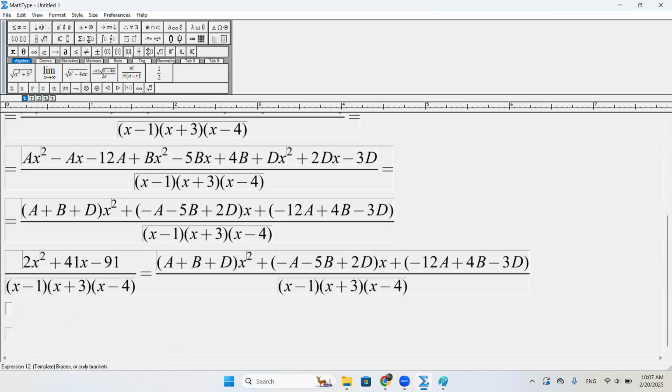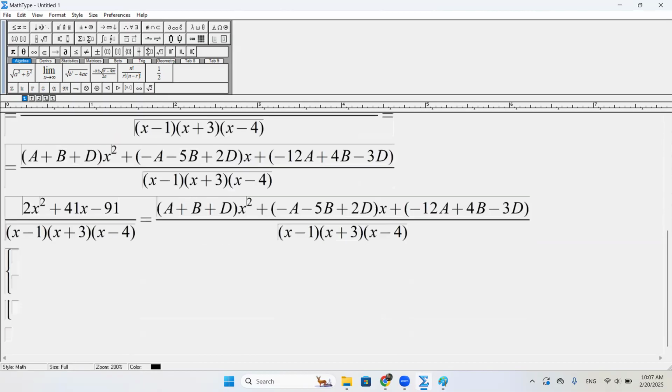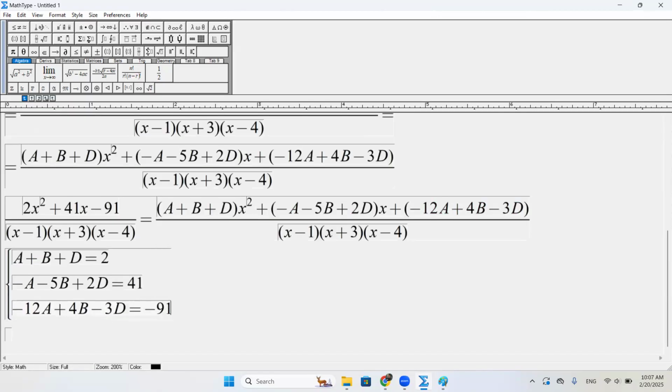Now we need to construct and solve the system of linear algebraic equations. So a plus b plus d equals 2. Minus a minus 5b plus 2d equals 41. And minus 12a plus 4b minus 3d equals minus 91.